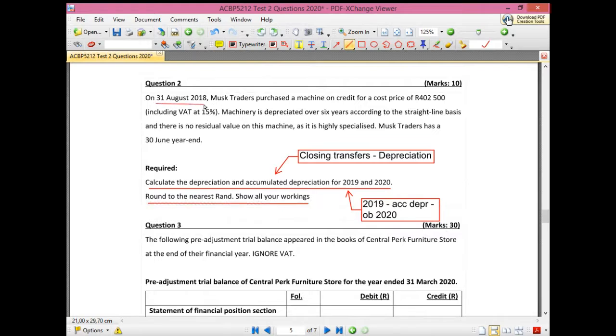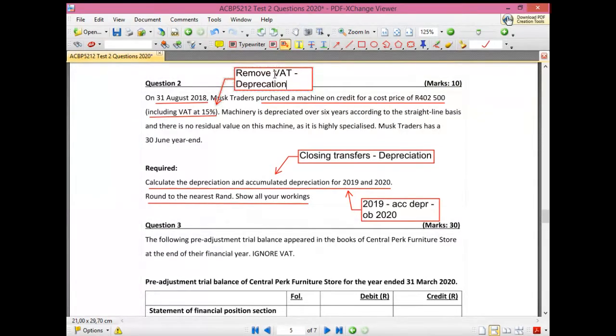They told you on 31st of August, we purchased the machine on credit for a cost price of 402,500. They tell you it's including VAT. Now, as soon as you see including VAT, you need to remember to remove the VAT when we do a depreciation calculation.